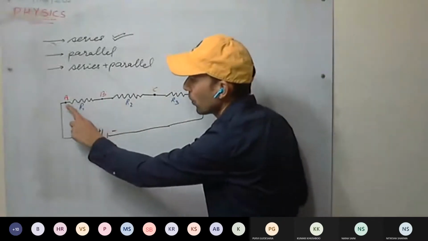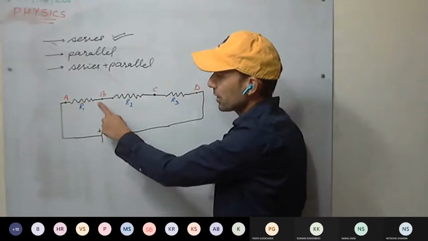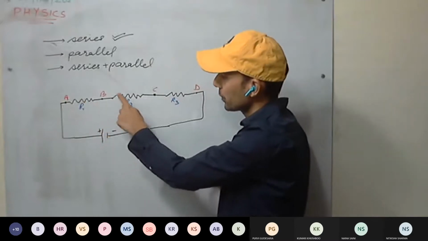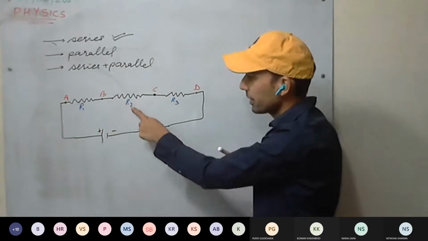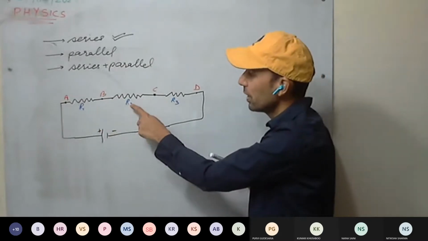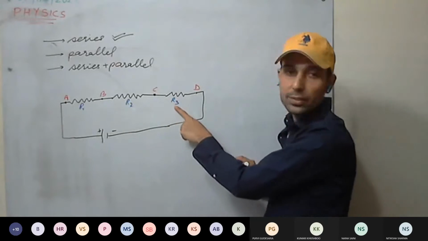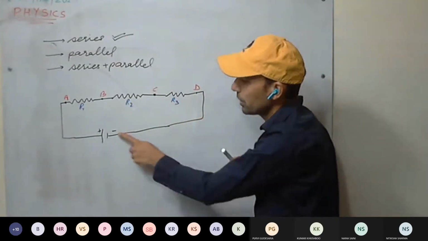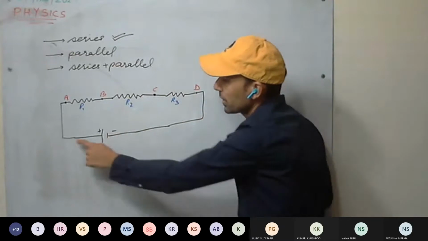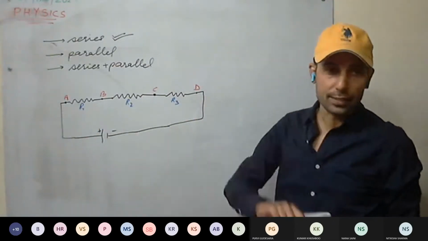That means one end of the first resistor, R1, is connected to the battery. The other end of R1 is connected to one end of the second resistor. The other end of the second resistor is connected to one end of the third resistor, and its other end is connected to the negative terminal of the battery. So this is how our circuit is complete.